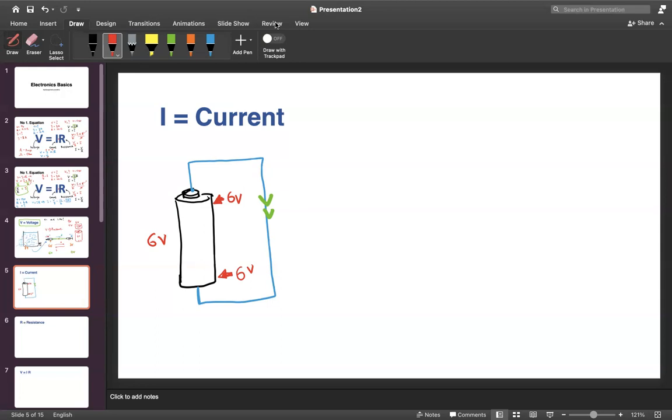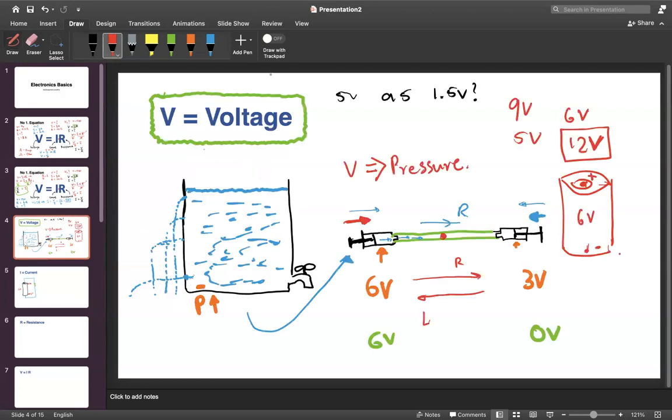Nothing happens. Exactly. Himal, do you agree? Yes, I agree. Why? Because now both sides are the same value, 6 volts and 6 volts, so current can't flow. It's like the previous example: the same pressure from both sides, so this bead is not moving anywhere.